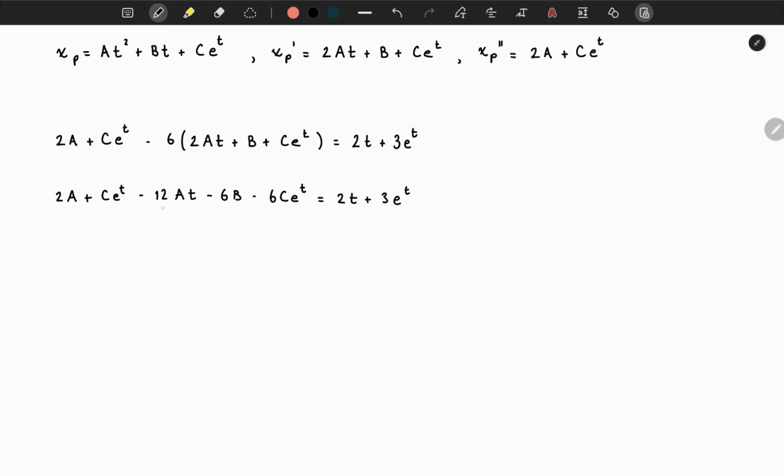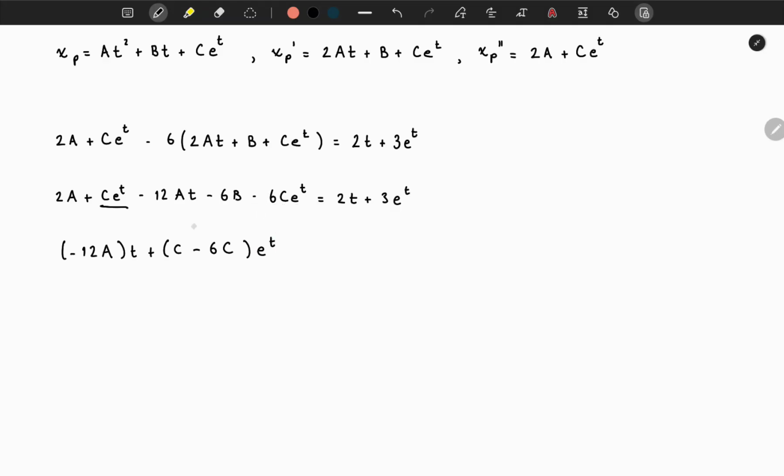So for example, we know that we'll have negative 12a, and that's pretty much it for t. And then let's group up the e to the power of t functions, so c, and we have negative 6c as well, and that's pretty much it.